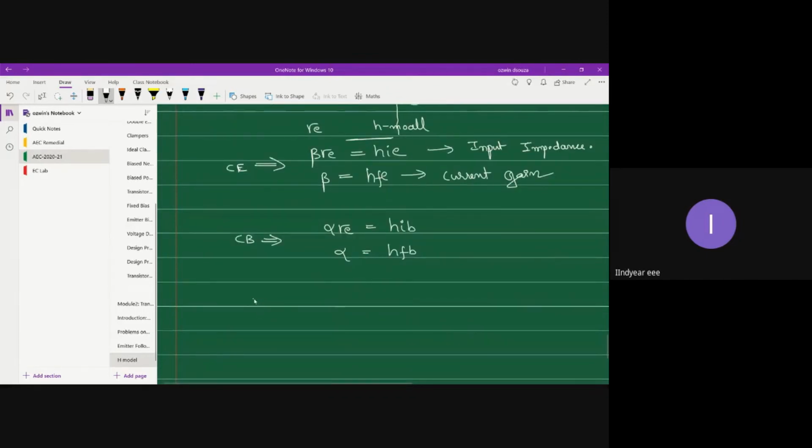If you had selected a common collector configuration, instead of alpha RE you would have had gamma RE, and that would have been your HIC. C for collector. And against gamma, you would have had HFC. So this is the similarity. That's your hybrid model. Could you understand, right?